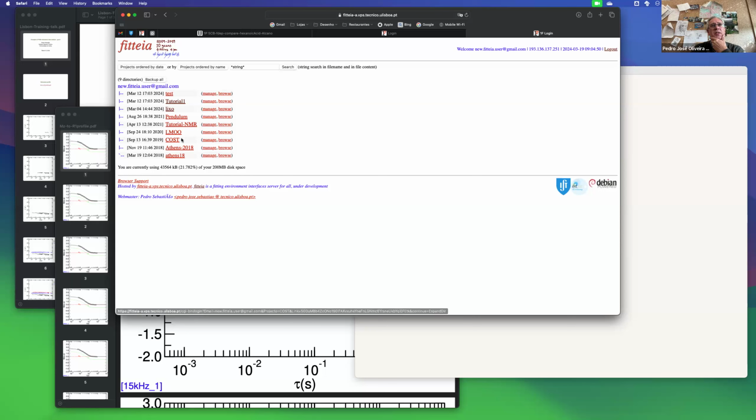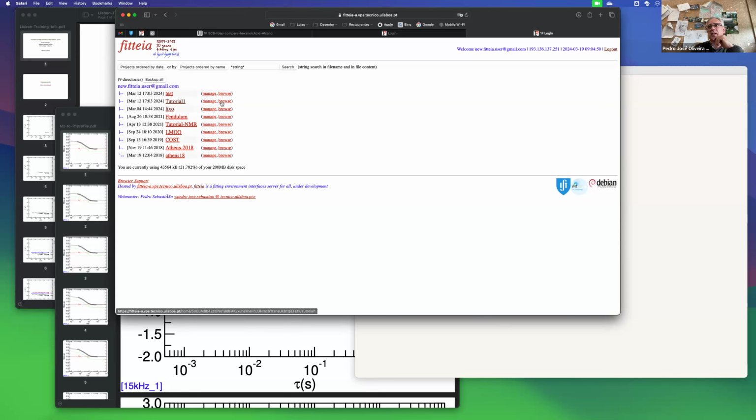You will probably have, I hope, two folders, two lines alone, tutorial 1 and tutorial NMR. Here on the screen I have other lines, and each one of these lines corresponds to a folder. You can check that if you have this.